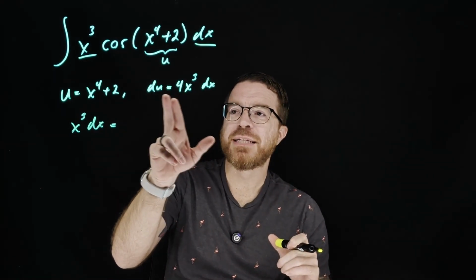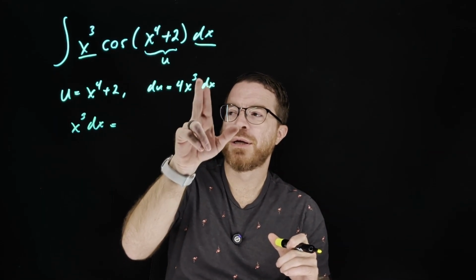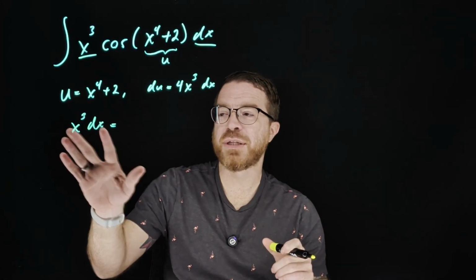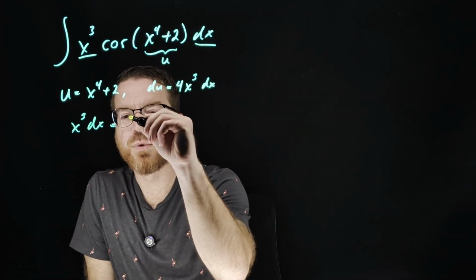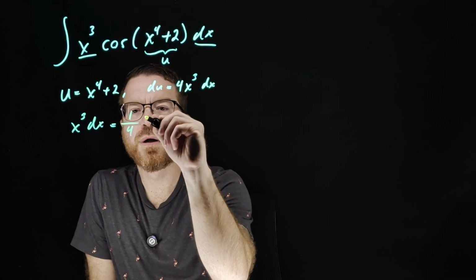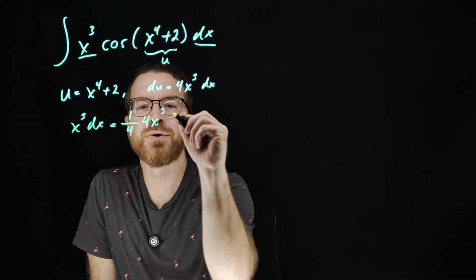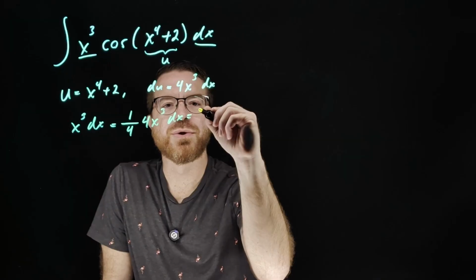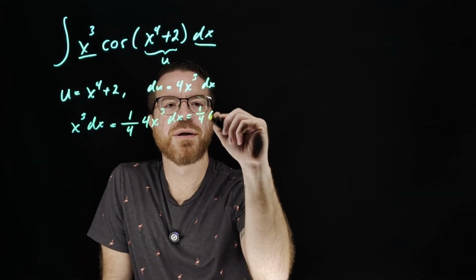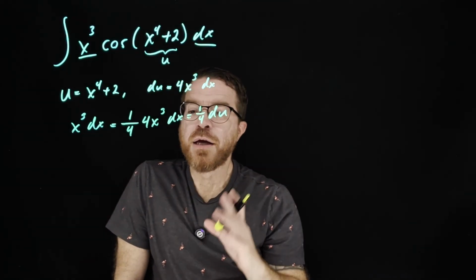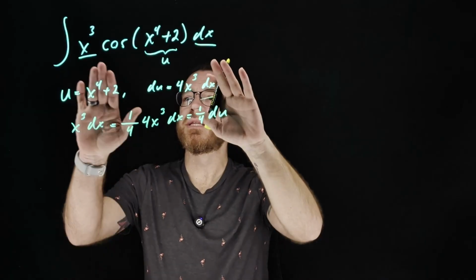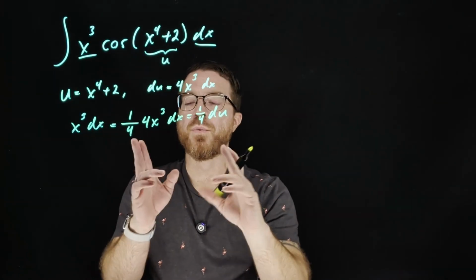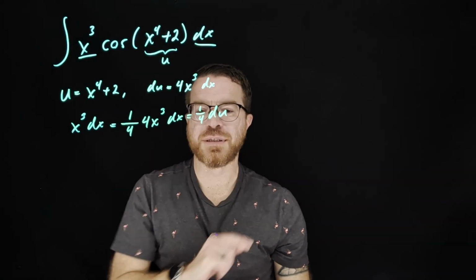Well, we have that du is 4x cubed dx. What would make this equivalent is if x cubed dx was equal to 1/4 du. So this means now that we can substitute this x cubed dx with 1/4 du.